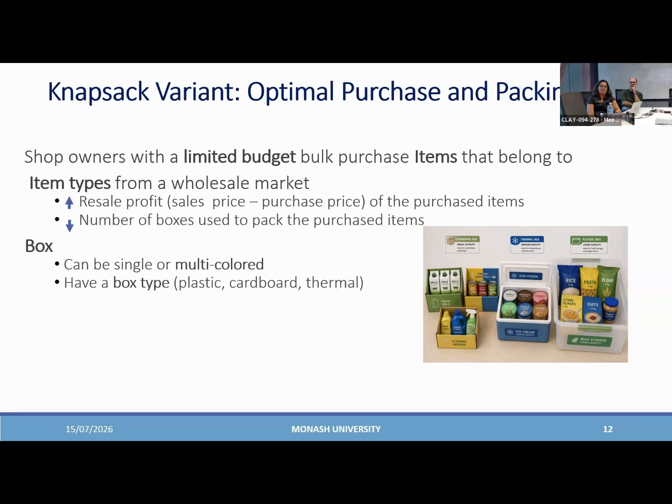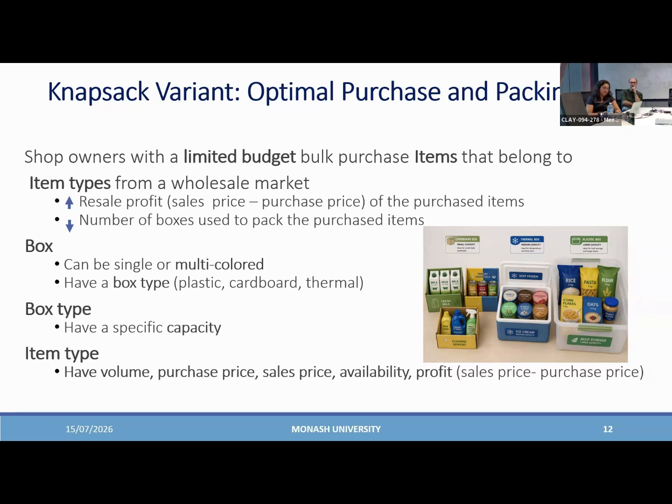And then they have a box type like plastic, cardboard, and thermal. And box types are associated with the capacity, and item types are associated with volume, purchase price, sales price, availability, and profit.